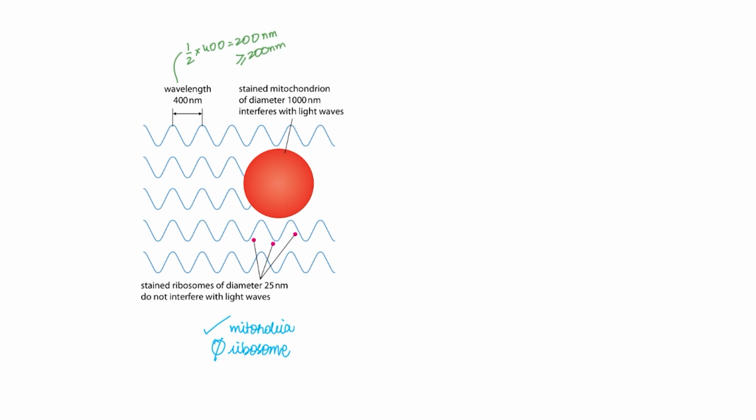And if you wonder what it even means to have a resolution of 200 nanometers, it means that any objects closer than 200 nanometers cannot be distinguished as two separate points by the light microscope and would appear as one. So for example, if anything has a size of, let's say, 180 nanometers, that object will not be identified by the light microscope as a separate object, and it would appear as a single object.